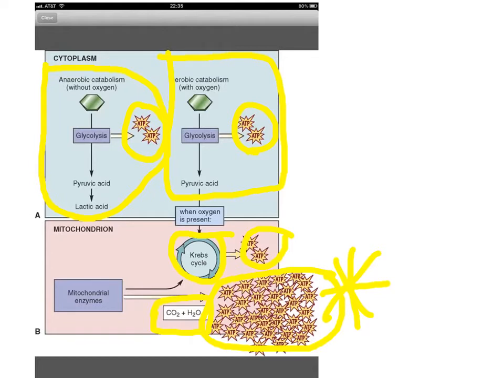So the bottom line here is that in order for cells to thrive and do the cell business that they need to be doing, we need not only glucose for the anaerobic portion of the equation, but we need to add oxygen so that we can increase that energy production by 19 or 20 times more than we would have had if we just stayed with anaerobic.